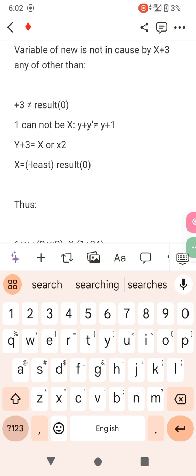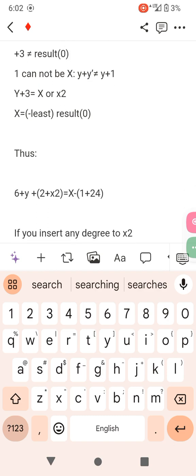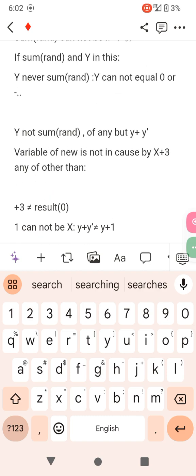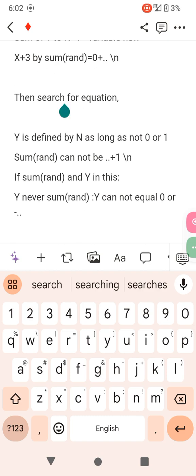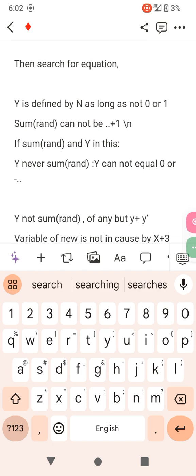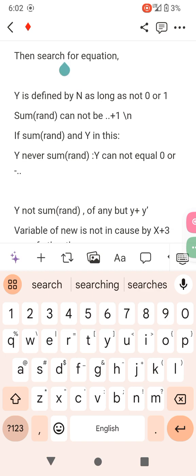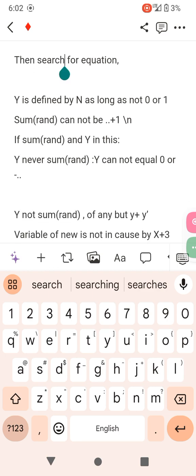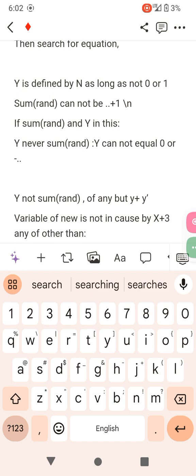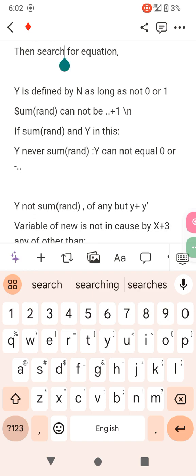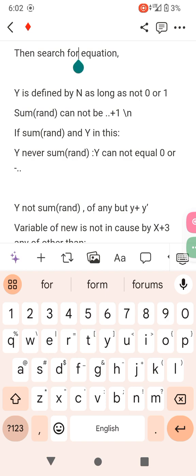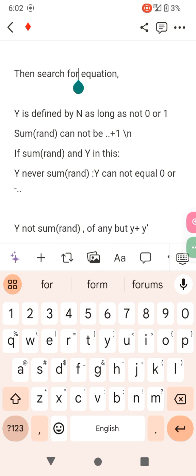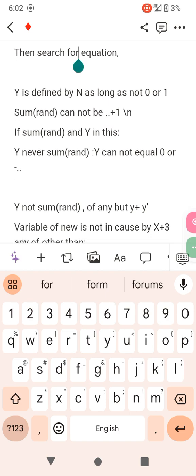Now, soon we are at the result why this formula is displayed like this. y is defined by n as long as not 0 or 1, but only if some random cannot be plus 1 by premise, meaning whatever is set as ground, or just set premise, s over n.